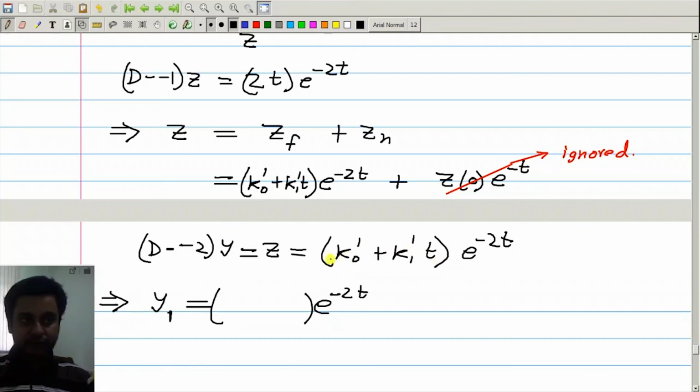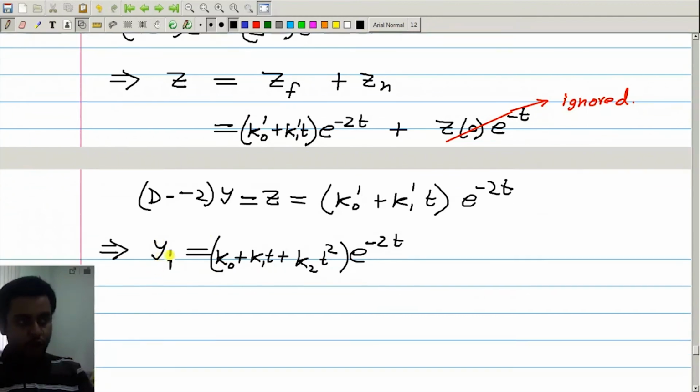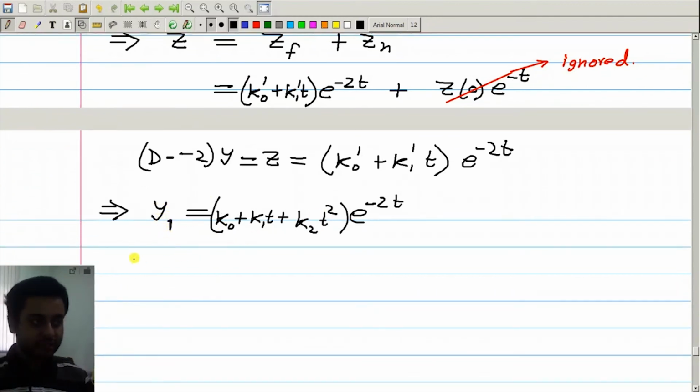This is a first degree polynomial, so here we will have a second degree polynomial, k0 plus k1t plus k2t square. This is the form of one solution.